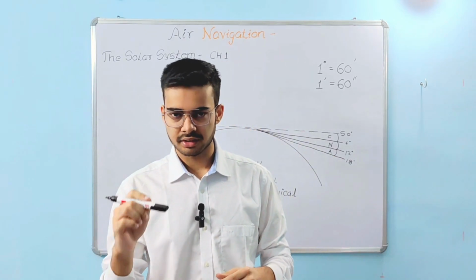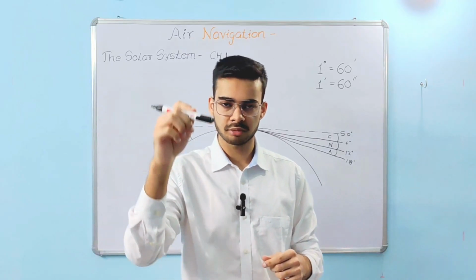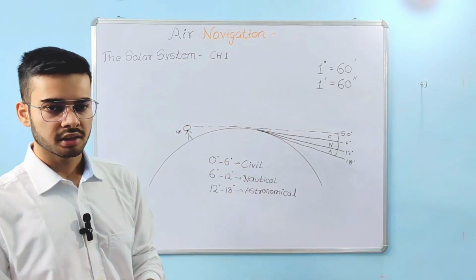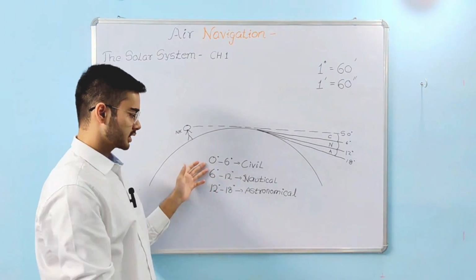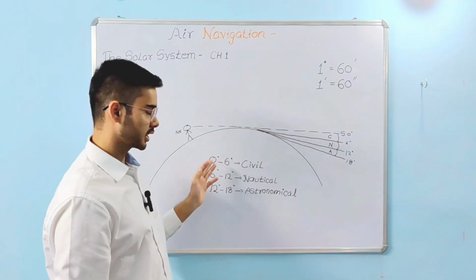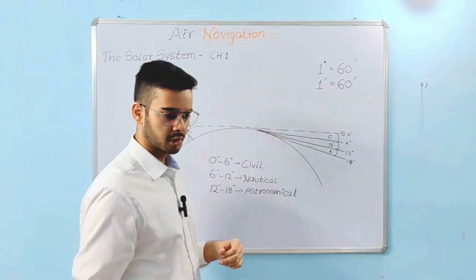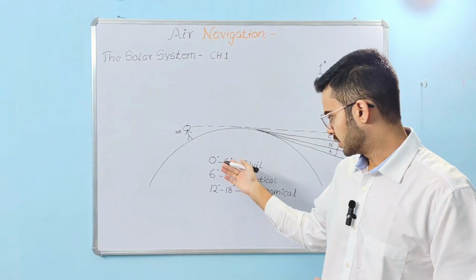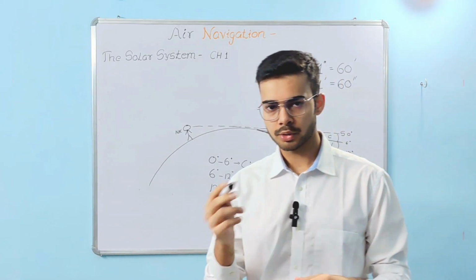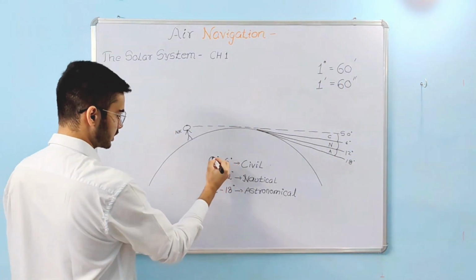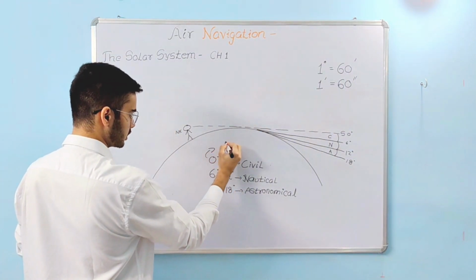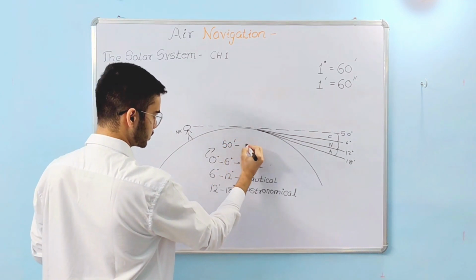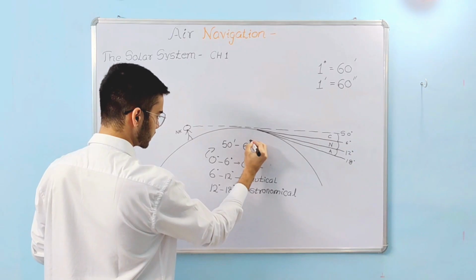At sunset, the sun's center is 50 minutes below the sensible horizon. So here, generally for exams, these are the main values that come: civil twilight 0 to 6 degrees, and like that. But for very precise knowledge about civil twilight, you could also say the range is 50 minutes to 6 degrees.